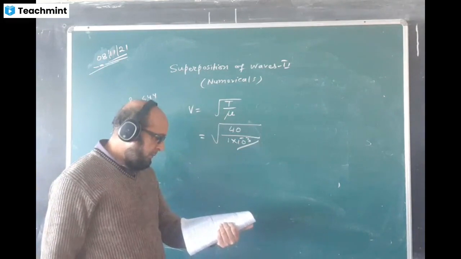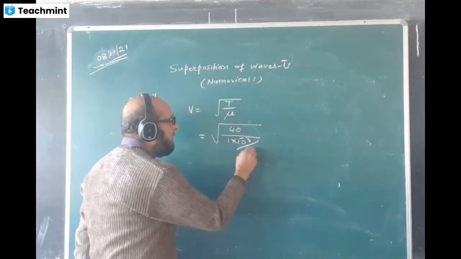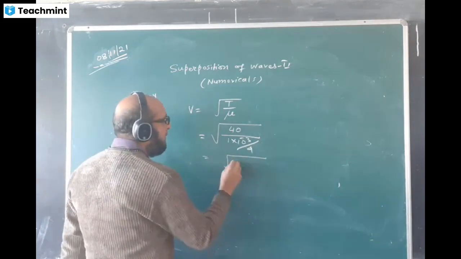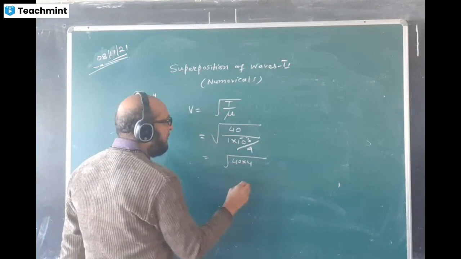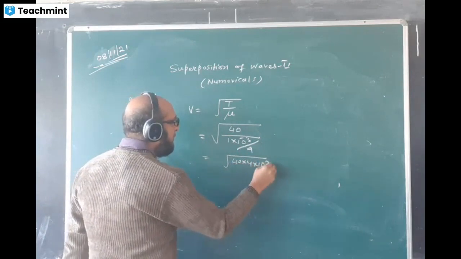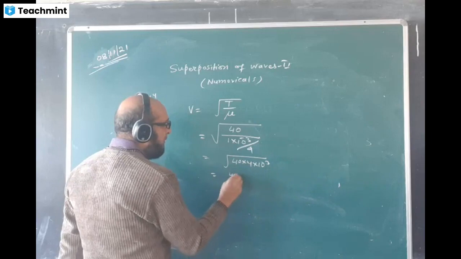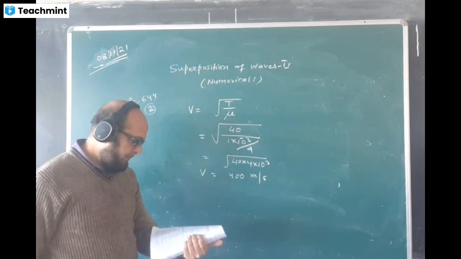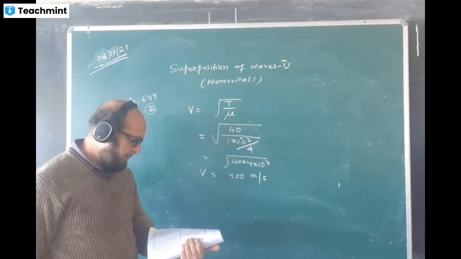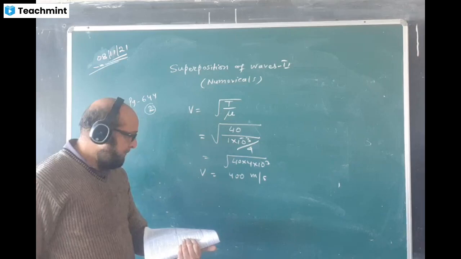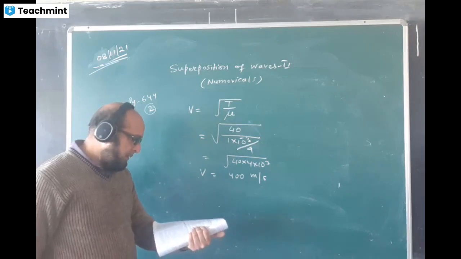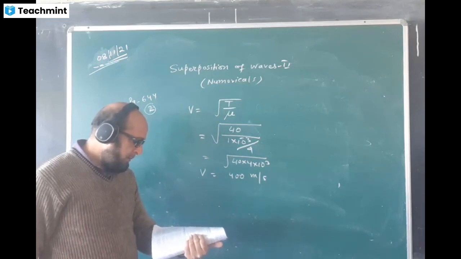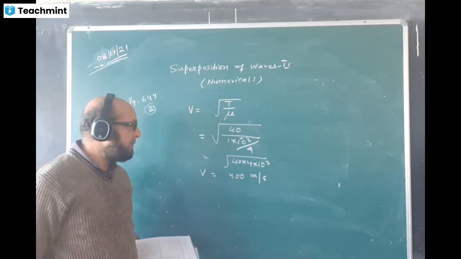Length is given 4 meters. So write 4 meters, divided by 4. And now you find the answer. It will become 4 into 10 to the power of 5 under the root, 400 meters per second. This is the value of V, the value of velocity.